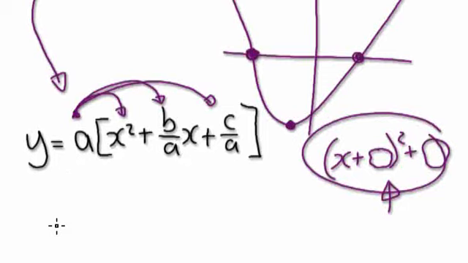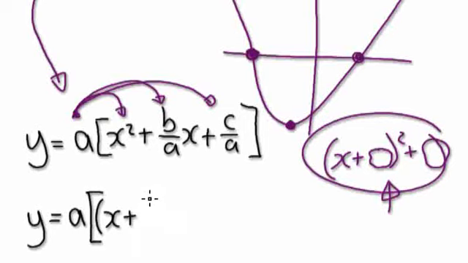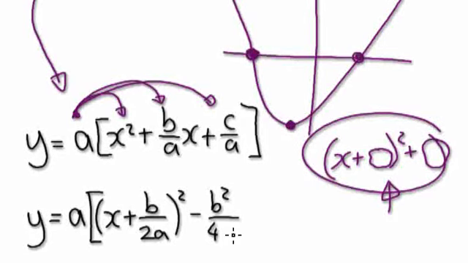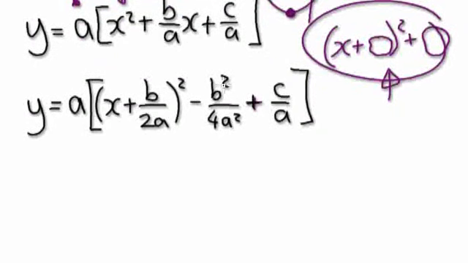Okay, and to do that, it would be y equals a square bracket, x plus b over 2a squared, and then minus the rubbish, immediately minus the rubbish. So this will be b squared over 4a squared, and then plus c over a. Now merge.